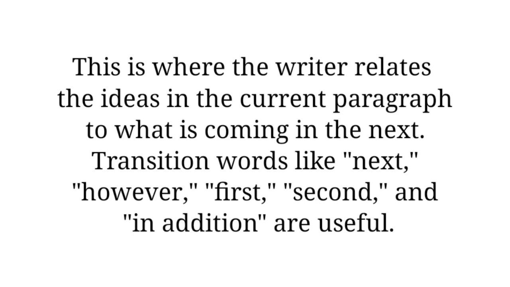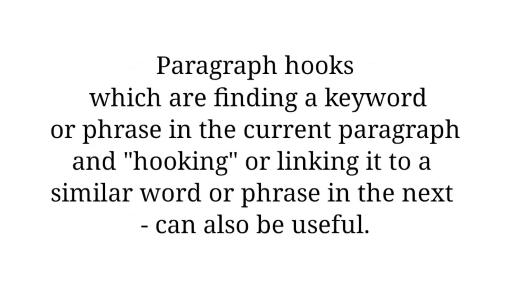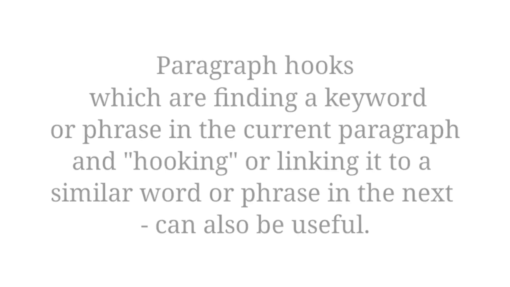Transition words like next, however, first, second, and in addition are useful words. Paragraph hooks, which are finding a keyword or phrase in the current paragraph and linking it to similar words or phrases in the next, can also be useful.